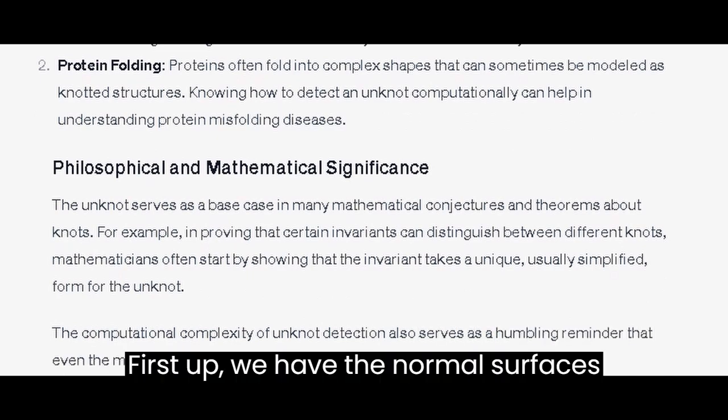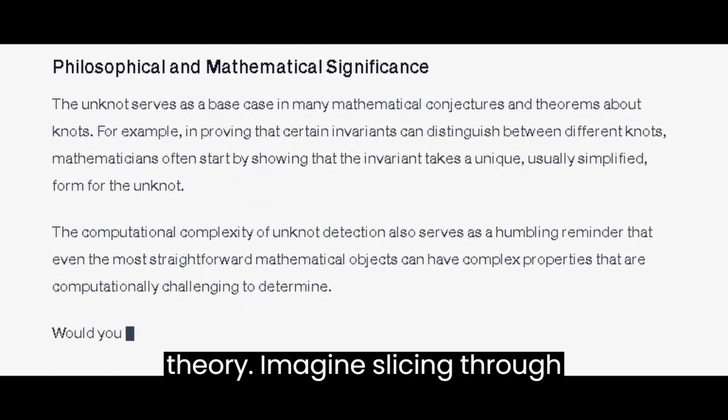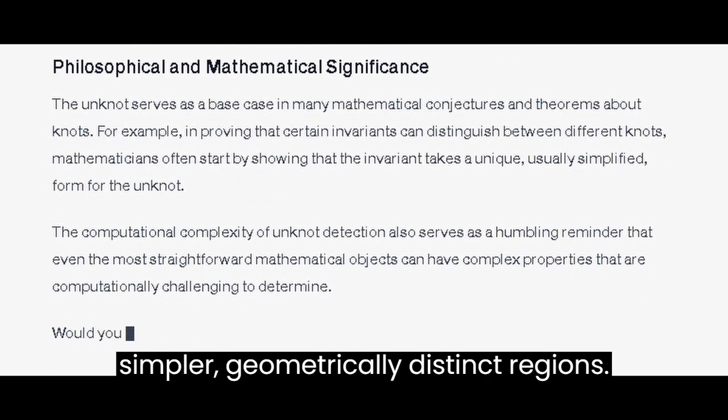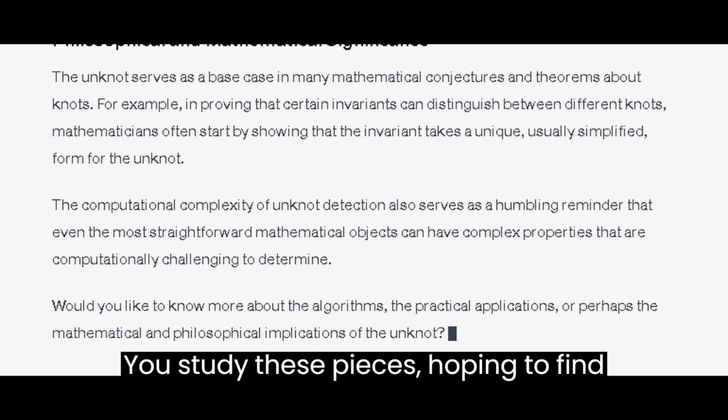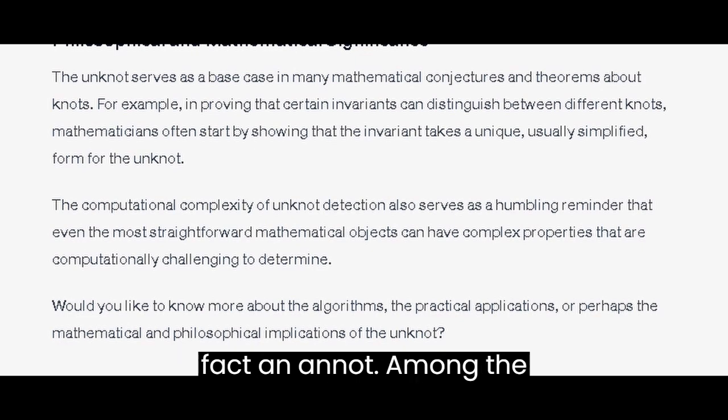First up, we have the normal surfaces theory. Imagine slicing through the knot's surrounding space to create simpler, geometrically distinct regions. You study these pieces, hoping to find evidence that your original knot is, in fact, an unknot.